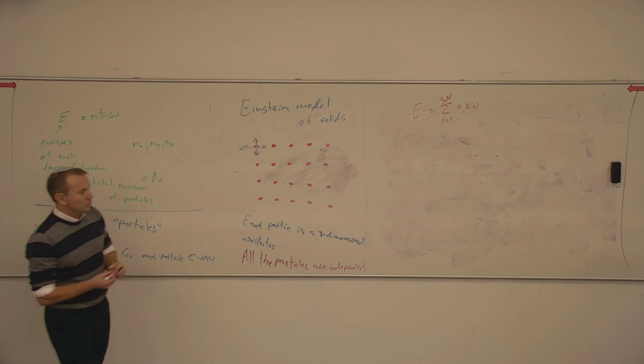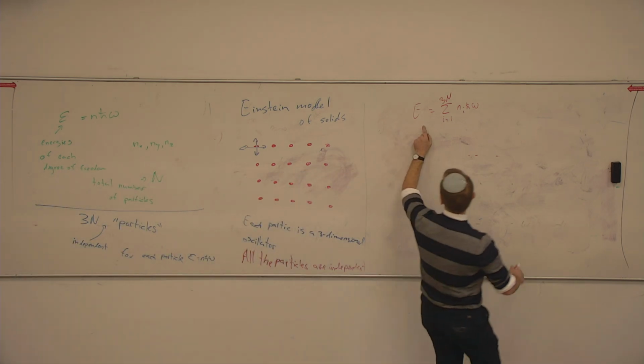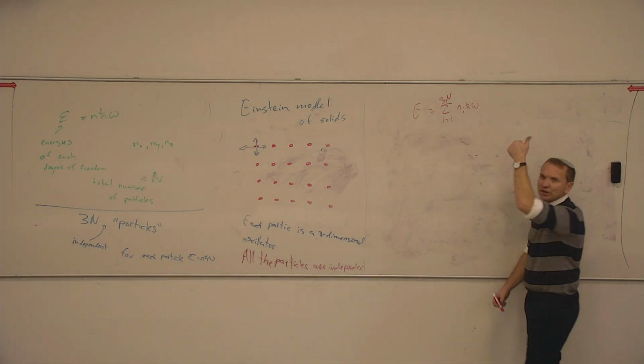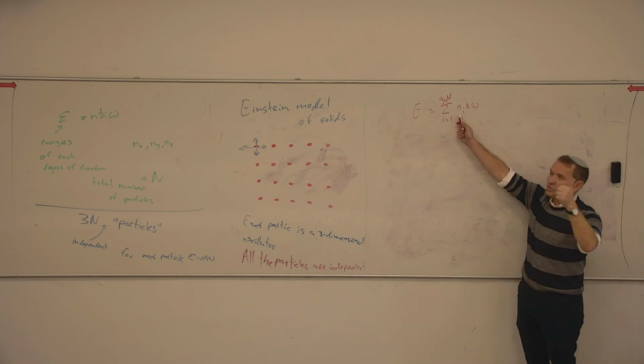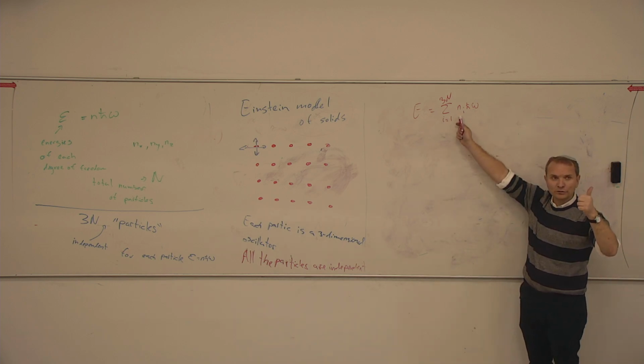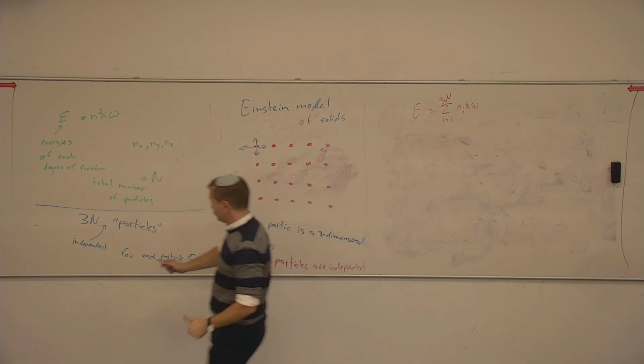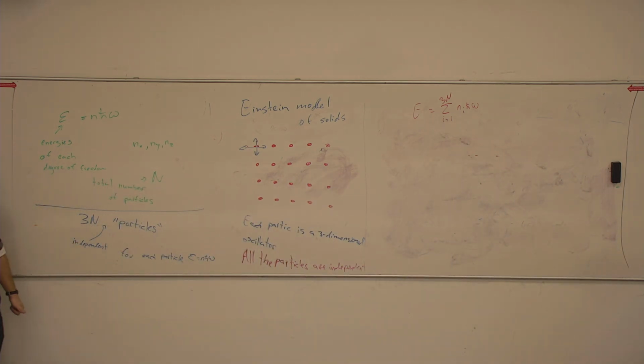So first of all, we see it is additive. Check. The next thing is, are all the different n_i's, all the different contributions here, independent? Check. This is part of the assumptions that Professor Einstein made more than 100 years ago. Great.